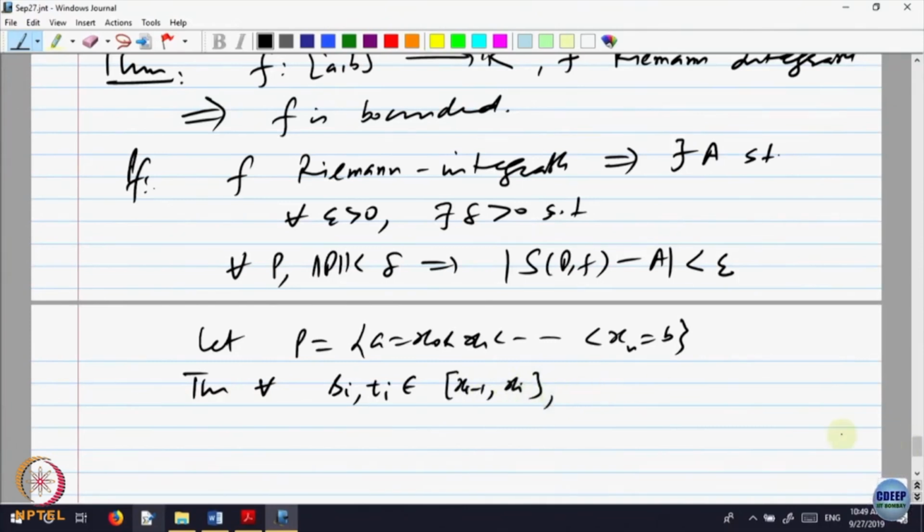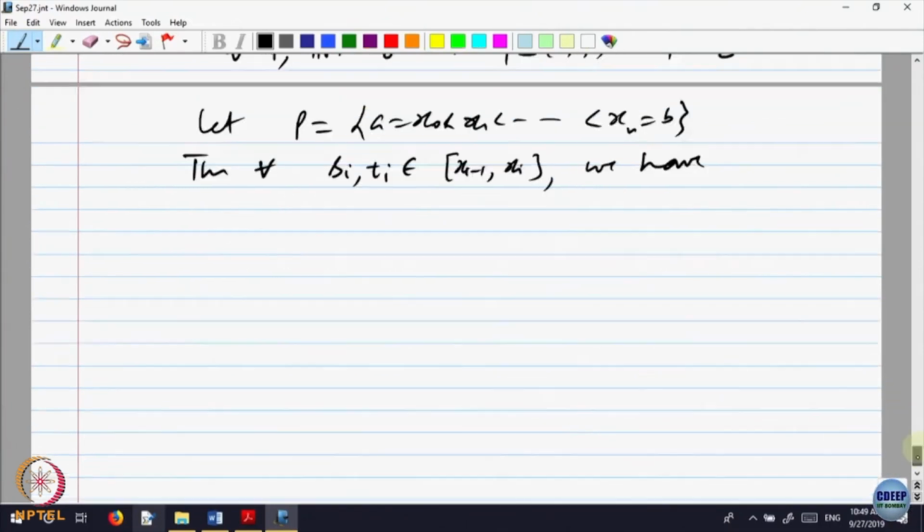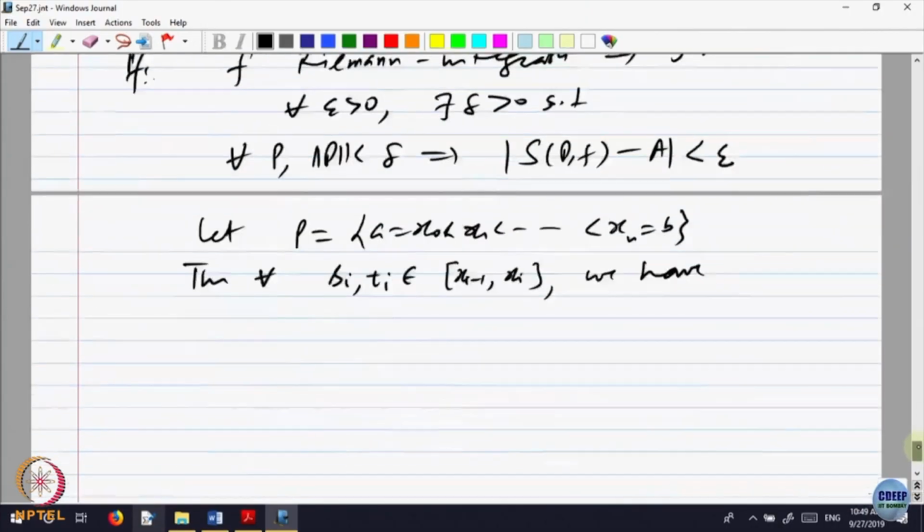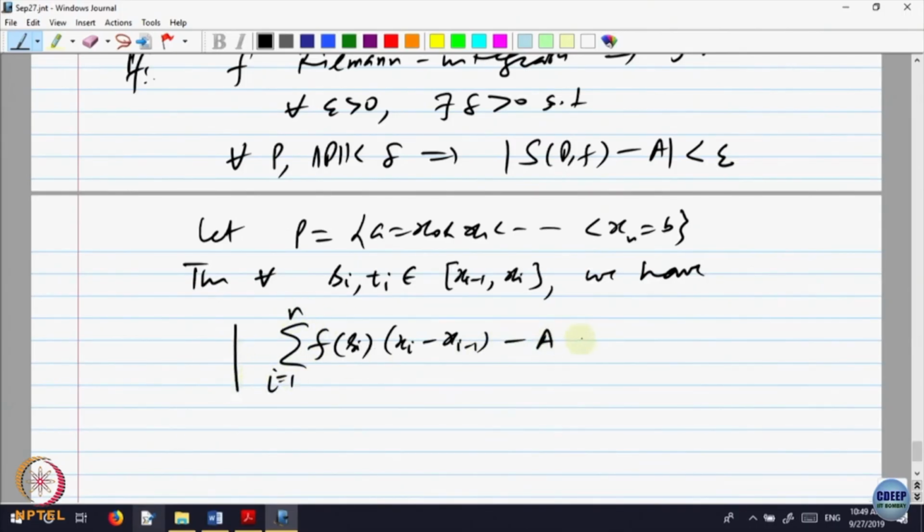Then for every such choice we have the corresponding sum, the summation from i equal to 1 to n of f(si) times (xi minus x(i-1)), minus A, less than epsilon, right?